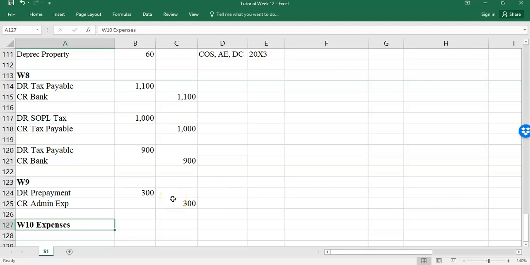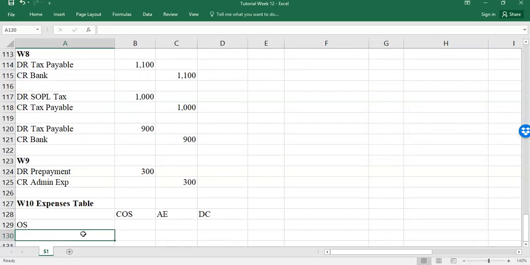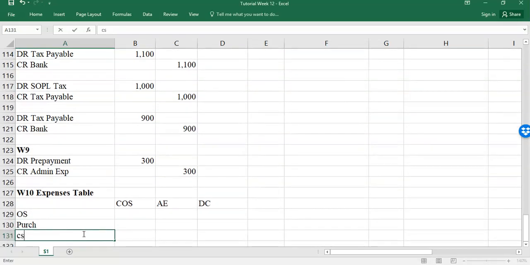So the last working we always do is our expenses table. This is where we look and try and do a working for cost of sales, admin expenses and distribution costs here, rather than trying to do it on the face of the financial statements, because you could have a load of adjustments as we will have here, and it'll make it quite messy otherwise. So we start off with cost of sales, which is obviously the starting point here will be your opening stock, your purchases, and your closing stock, which we know is coming from working 1.